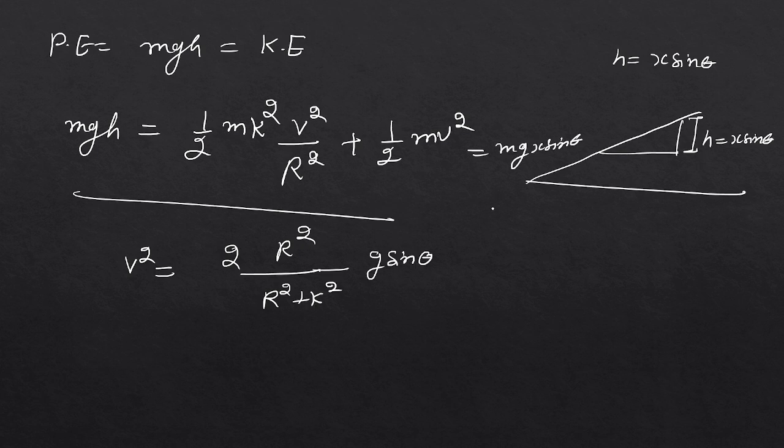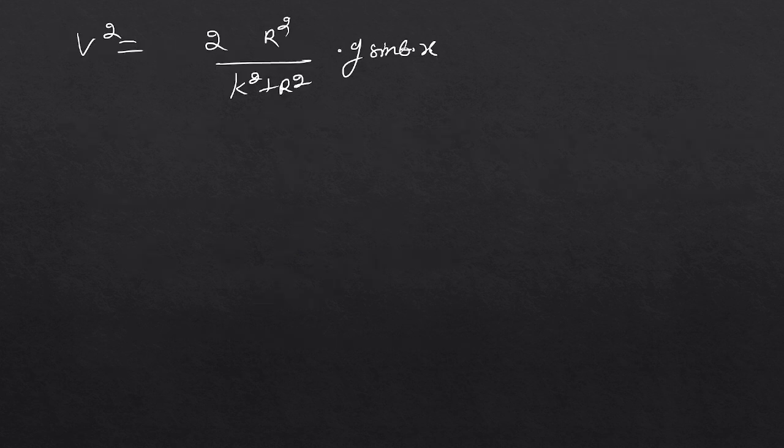Now you can understand, we easily derived this, and here is x. Now we know the value of v square that we have got: 2 r square over k square plus r square, g sine theta x.